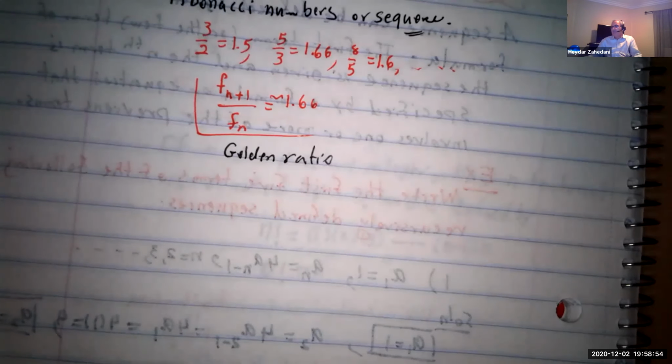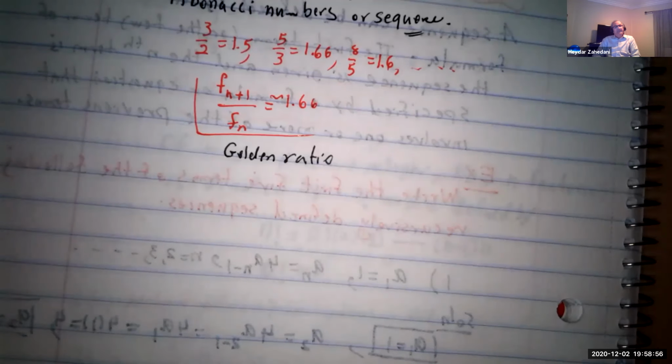There is a geometric interpretation of this ratio, and quite a lot. If you have a rectangle and the ratio of the width to the length is this number, that rectangle, that frame, if you like, we call it the Fibonacci frame.